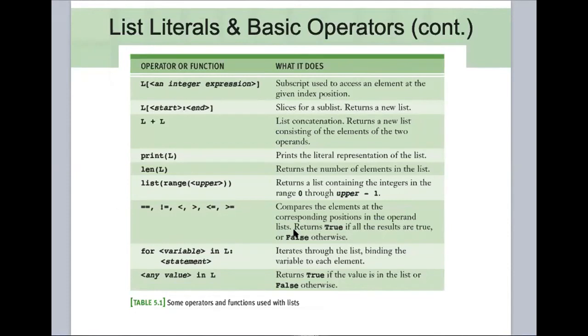You can have slices of a sublist. You can concatenate lists. You can print the list. These particular ones, we're going to have in an assignment, so that way you can actually see things. You also have the comparison operators, you have the for loop, and you can see if those things are in the list. You can see any value. The last one there is in the list L.